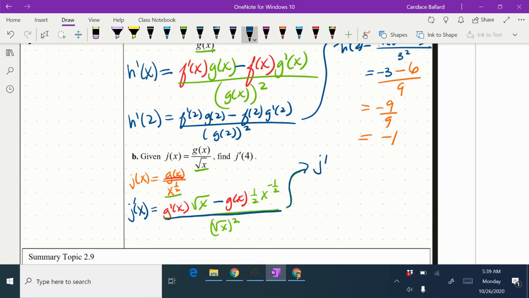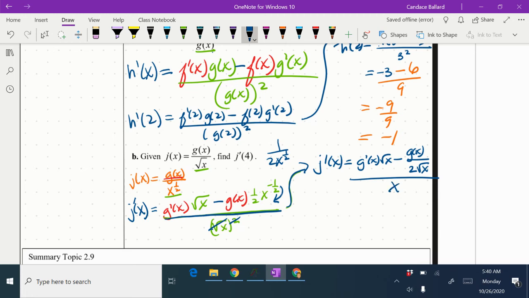So g prime of x equals g prime of x square root of x minus g of x. Now, a bunch of things are happening here. I know I've got a 2 in the denominator. I'm going to bring that down to the denominator. So it would really be 2x to the 1/2. And then I'm going to switch that back to a square root. So it'd be square root of x all over. And then the square root of x squared is just going to be x.